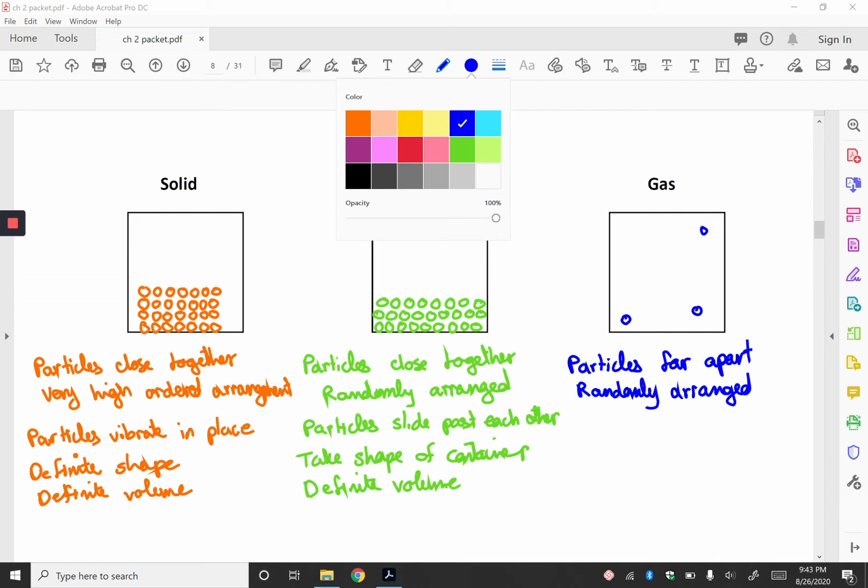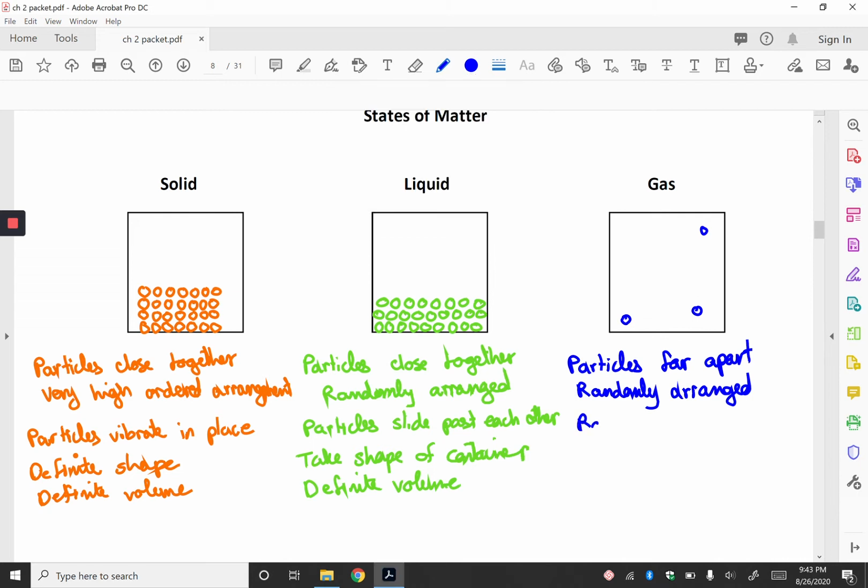Now let's look at gases. Gases go crazy. They are in rapid and random motion. So the analogy here would be if you guys were gas particles, imagine you go to an amusement park and you ride bumper cars.